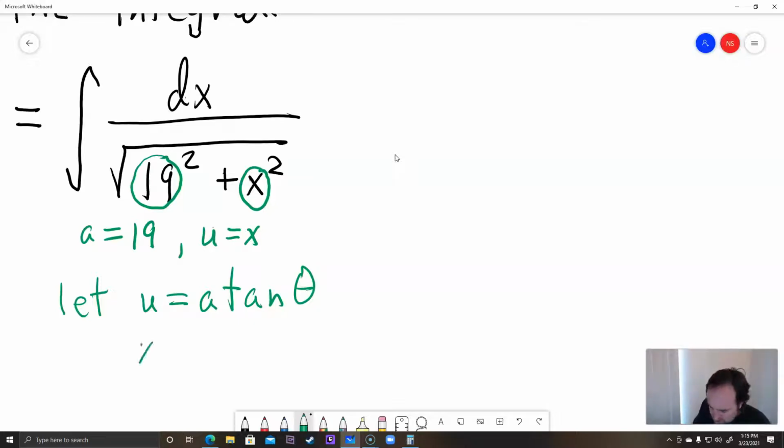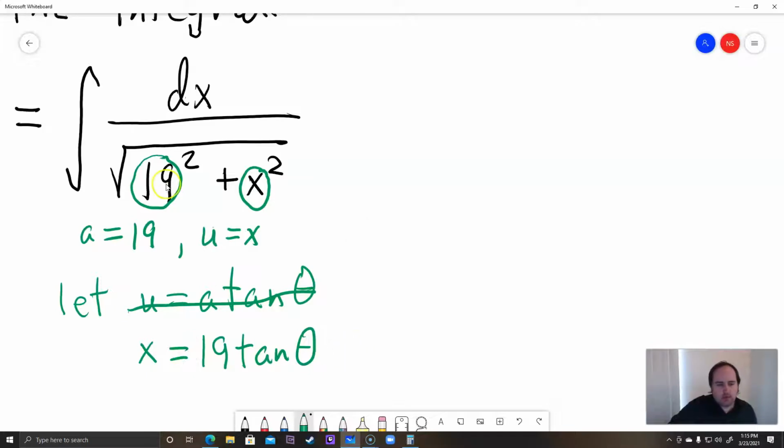So that's the same as saying x equals, well, a is 19, tangent of theta. The u equals a tangent of theta is just from the formula sheet, but here we don't really need that. We mostly need it in this form, where we actually have our x and our a. So we got our x, and then we have 19.